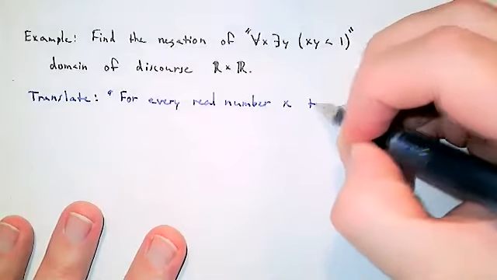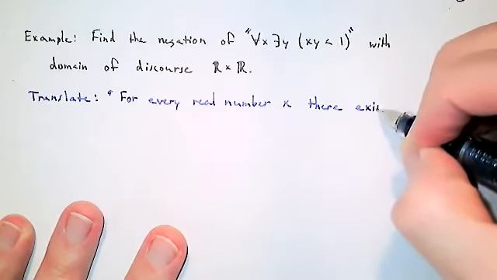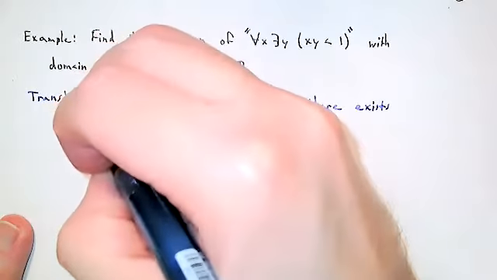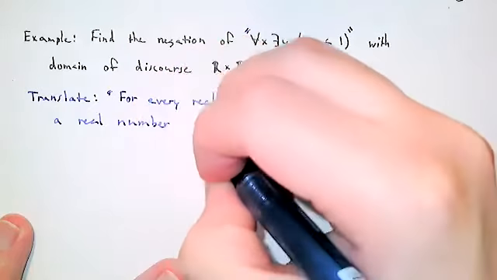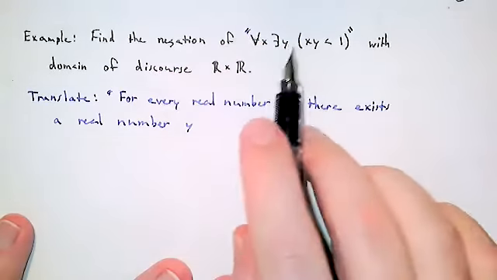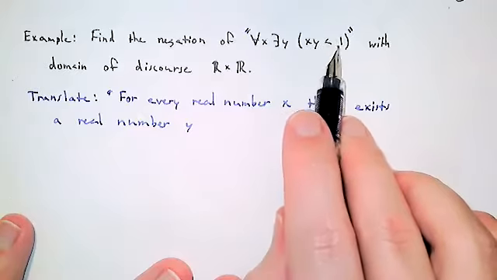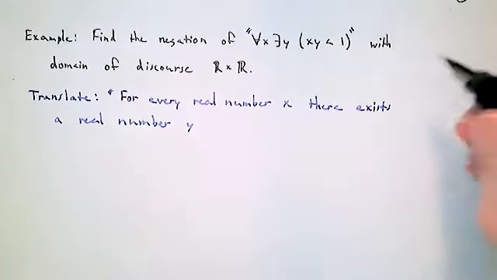So there exists a real number y. And then we have the actual propositional function on the inside that says x times y is less than 1.